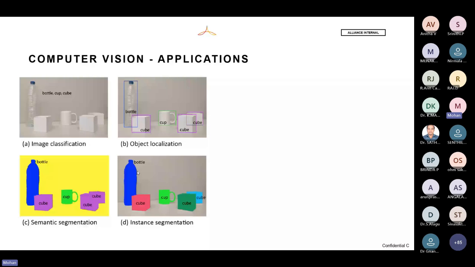What it does in terms of pixel-level segmentation is try to categorize whether a pixel belongs to the foreground or to the background. In image classification, you do classification at the overall image level.